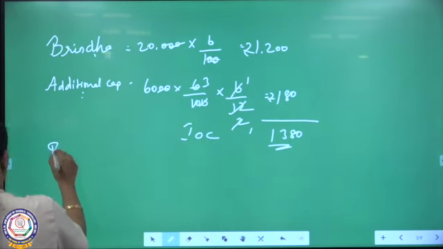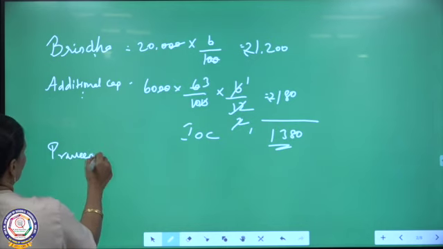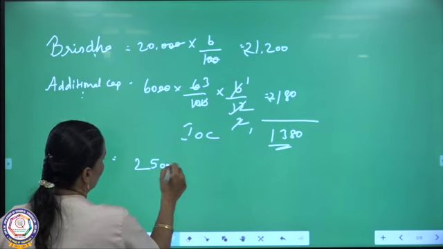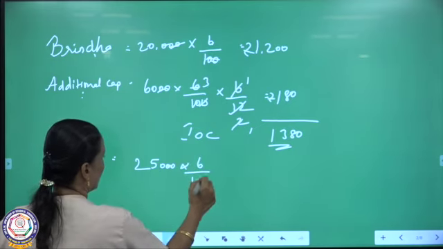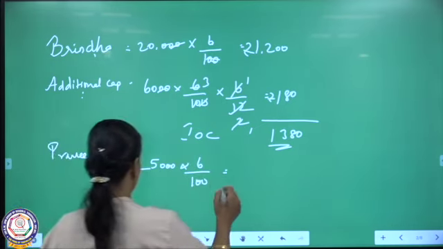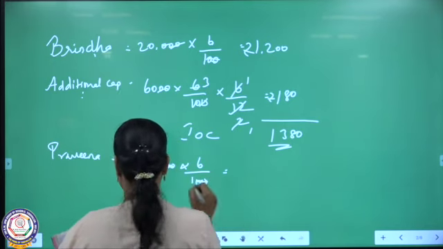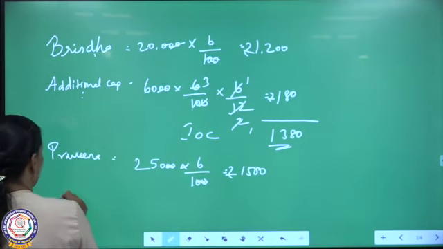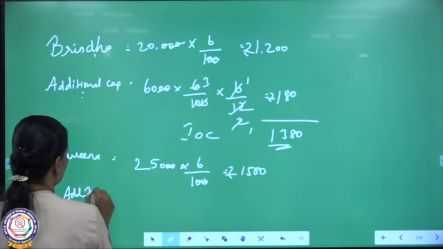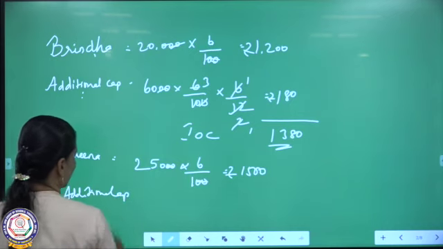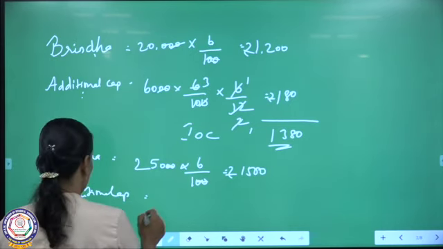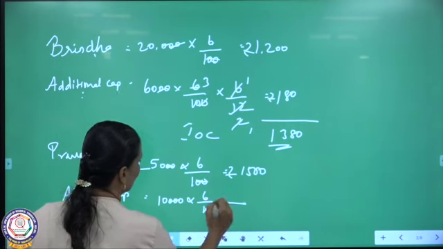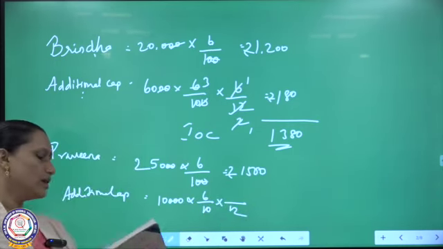And then Praveena. Praveena introduced full year 25,000, isn't it? 6/100. How much we got? 1,500 rupees, okay. And then additional capital introduced 10,000 into 6/100 into how many months we have to calculate.